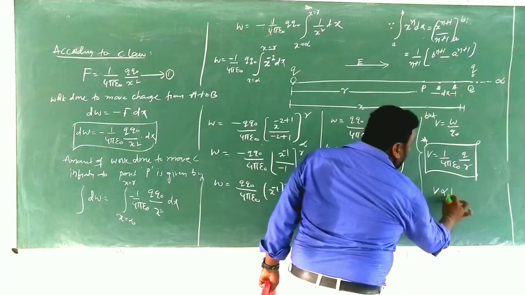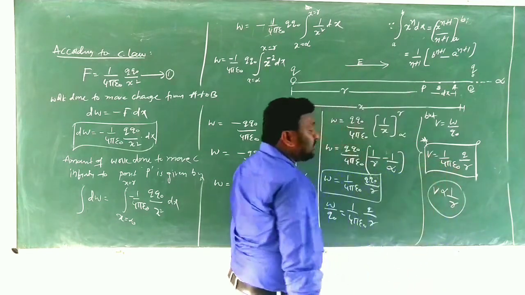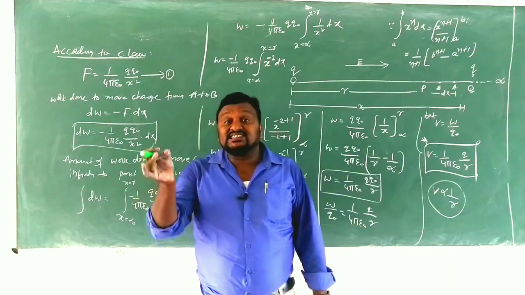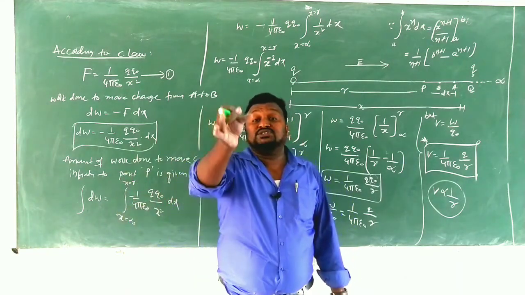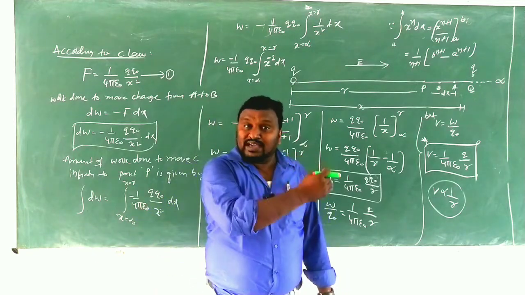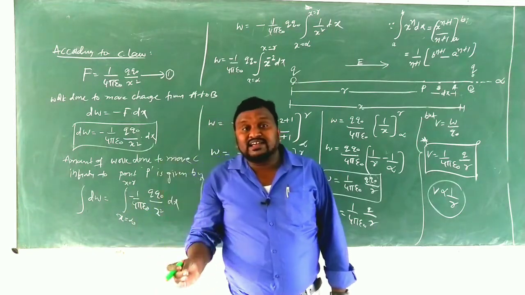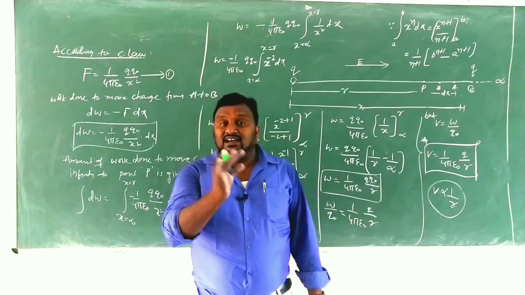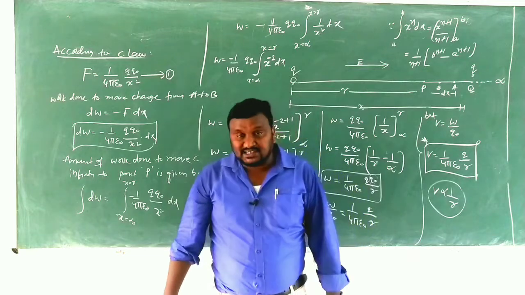V is proportional to 1 by r. Electric potential is inversely proportional to the position vector. When r value increases, V value decreases. When r value decreases, V value increases. So that is the electric potential due to a point charge.